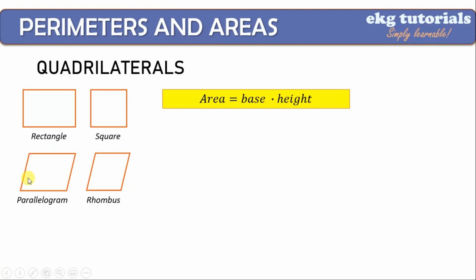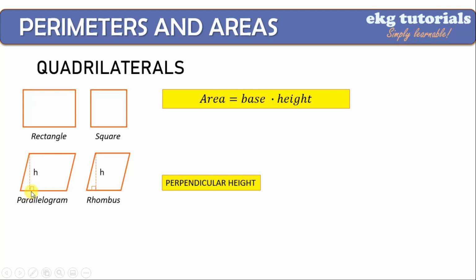Now for these two quadrilaterals, dito sa dalawa, careful lang tayo. Yung height na gagamitin natin dito is what we call the perpendicular height. Okay? So kung napapansin nyo dito sa parallelogram at rhombus, tabingi yung kanyang sides. Okay? This one, tabingi. So, yung gagamitin natin na height is from here up to here.